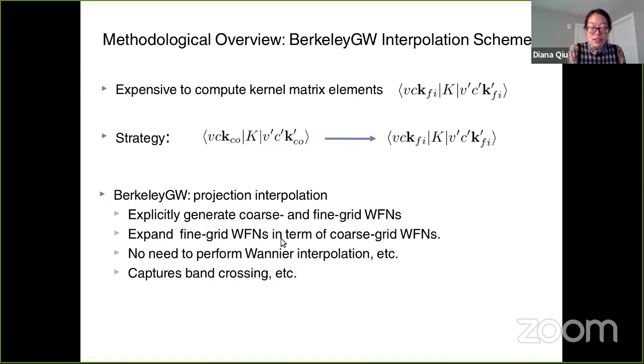So we treat the coarse grid wave functions as some complete basis that we can use to expand the fine grid wave functions. Because we explicitly have the wave functions on both the coarse and the fine grid from DFT, there is no need to perform Wannier interpolation, and this allows us to capture band crossings correctly, as well as other features of the wave function character.